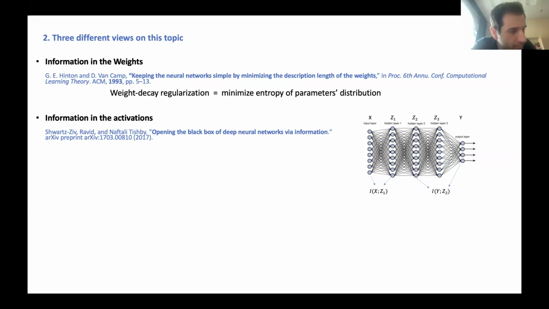So are you sort of disputing the notion of dividing the network into encoder-decoder? Because the X to Z1 is an encoder and Z1 to Y is a decoder. I kind of, so it depends.